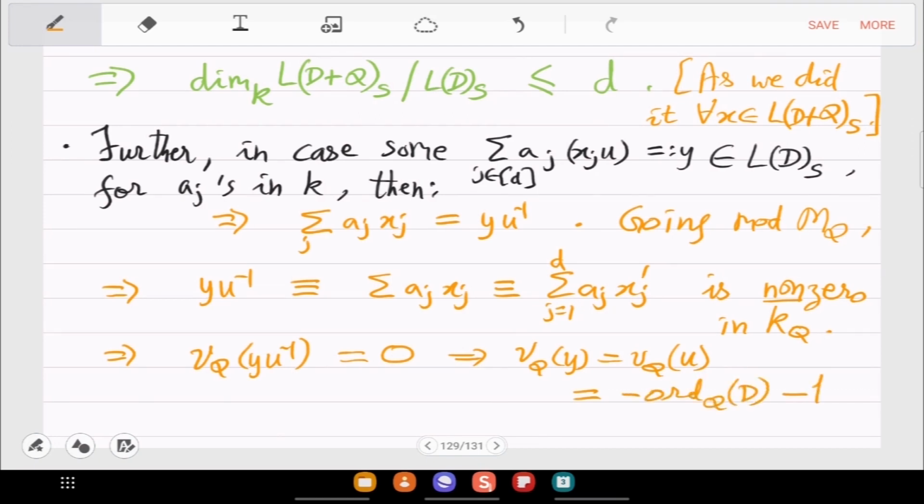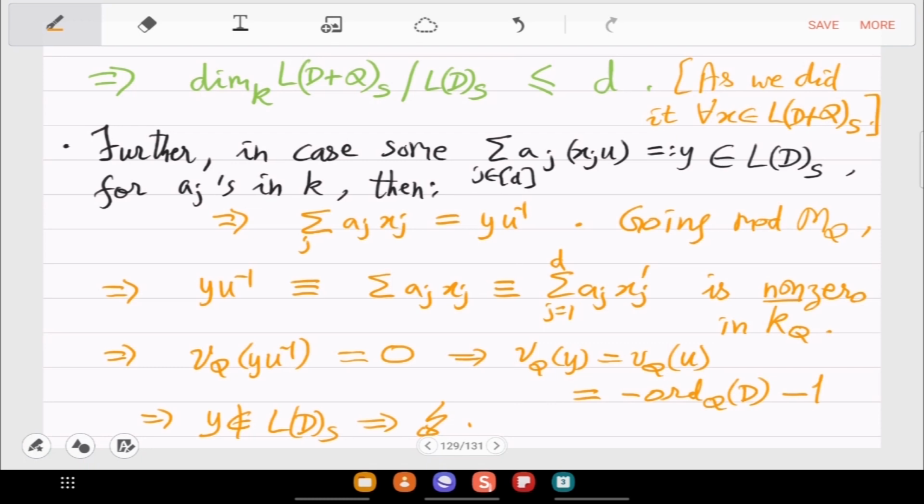It's one lower, right? So which means that y is not in LDS. That's the contradiction. Okay, so this contradiction means that any combination of xju is non-zero modulo the LD sheaf.